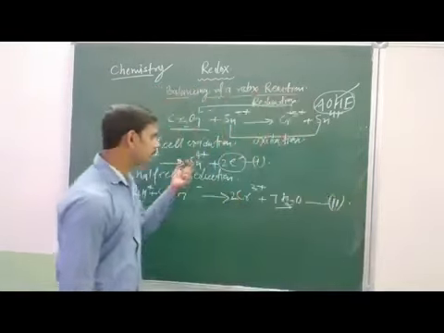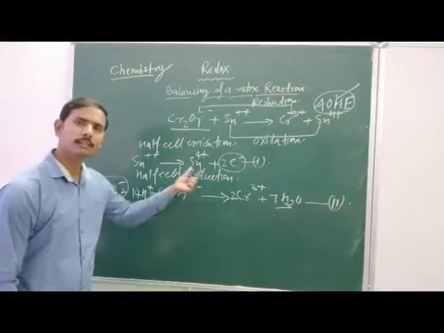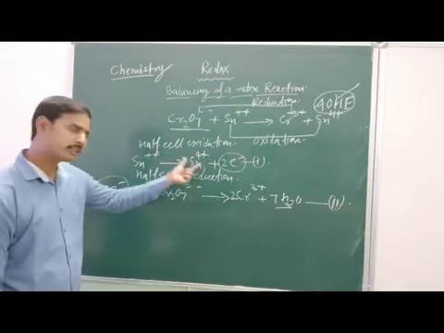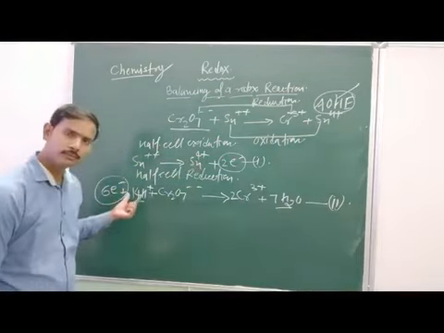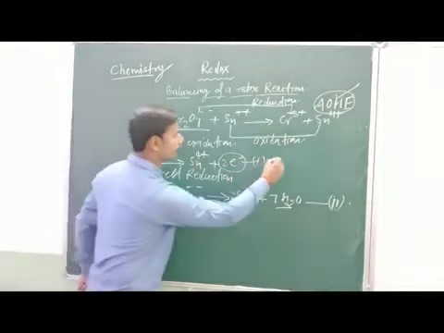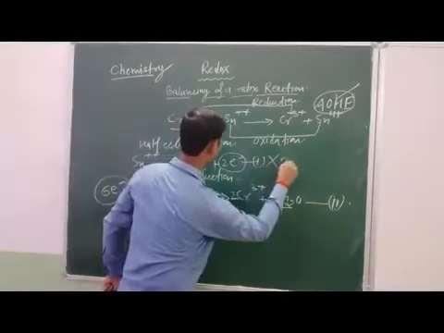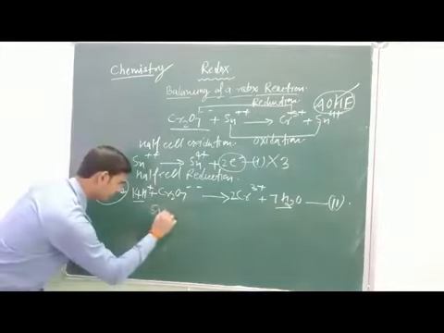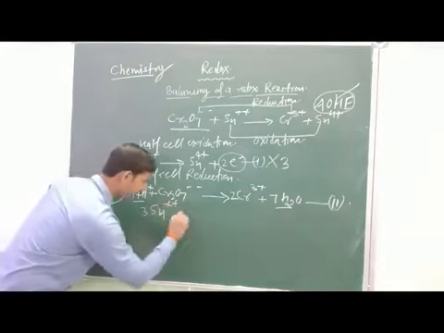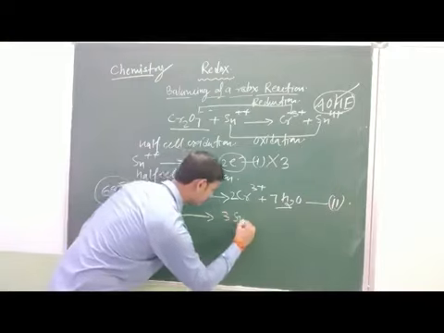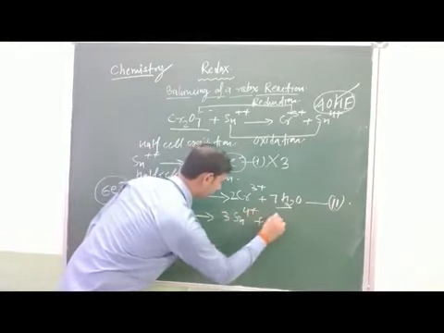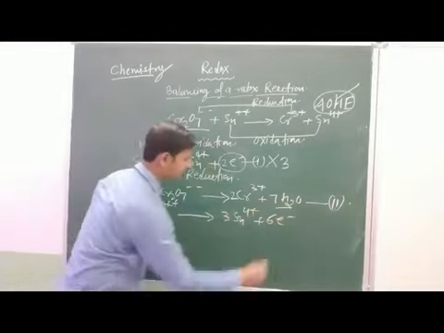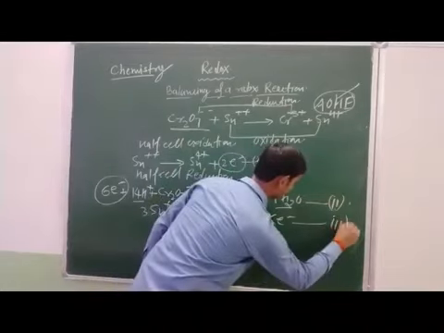That's why we multiply. In the first equation, if we multiply by 3, then we get 3Sn2+ to give 3Sn4+ plus 6 electrons. This is the next equation.